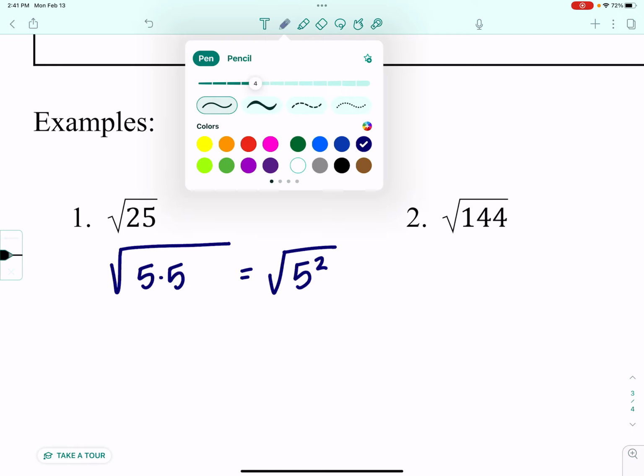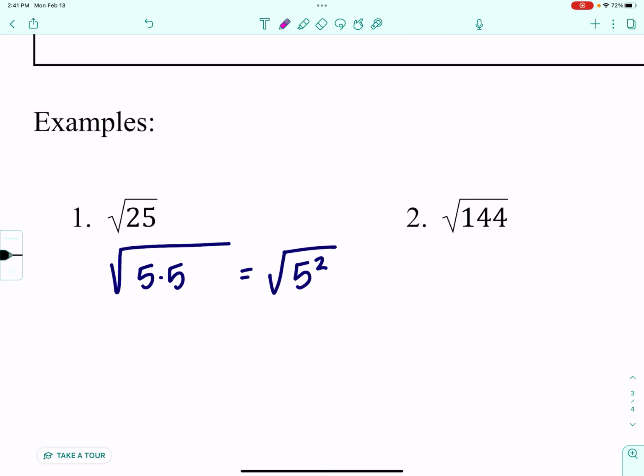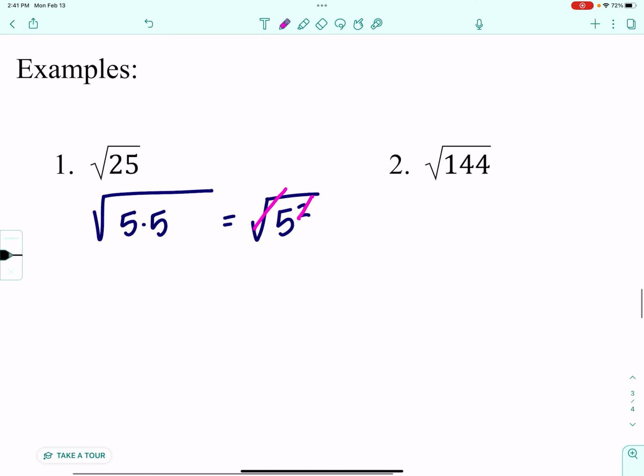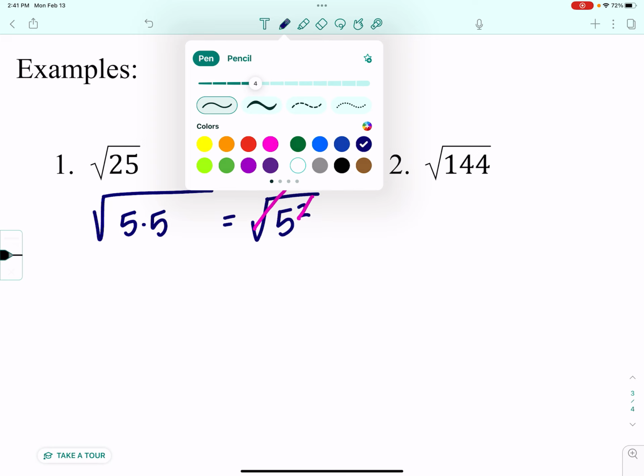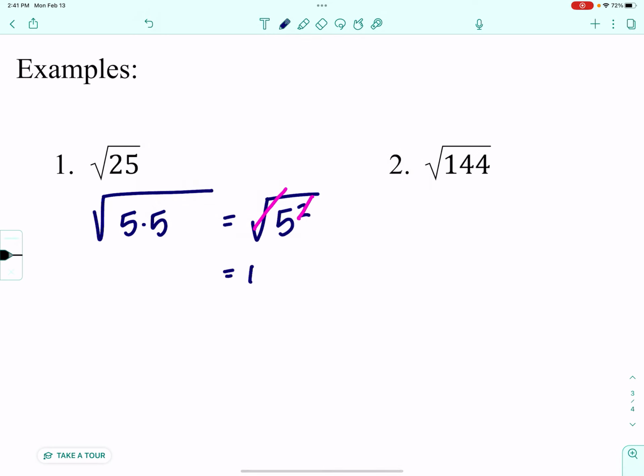And we said that squaring and finding the square root were inverses. So the radical and the squared cancel each other out, and we're just left with 5. Now, could you go to Desmos and plug that in? Absolutely. But you need to know the why behind it.